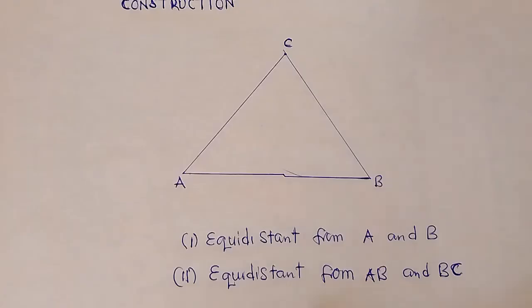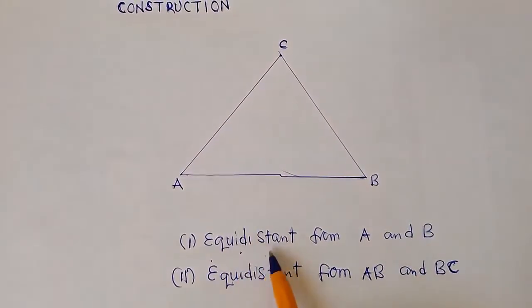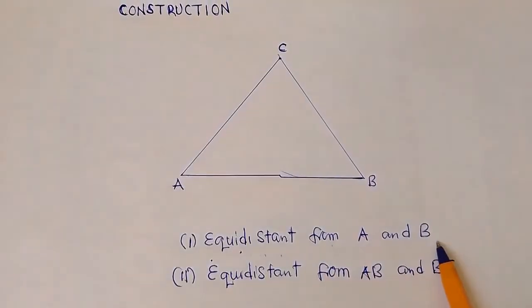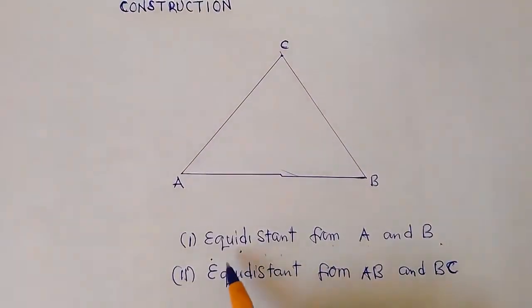Now, the first question is, we want to draw the locus of points which are equidistant from A and B. I remember telling you that a question will come in this manner, so don't forget these points.